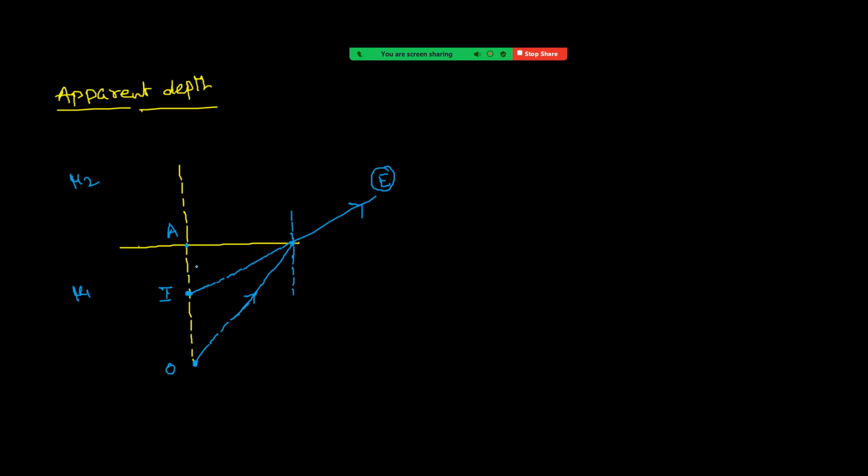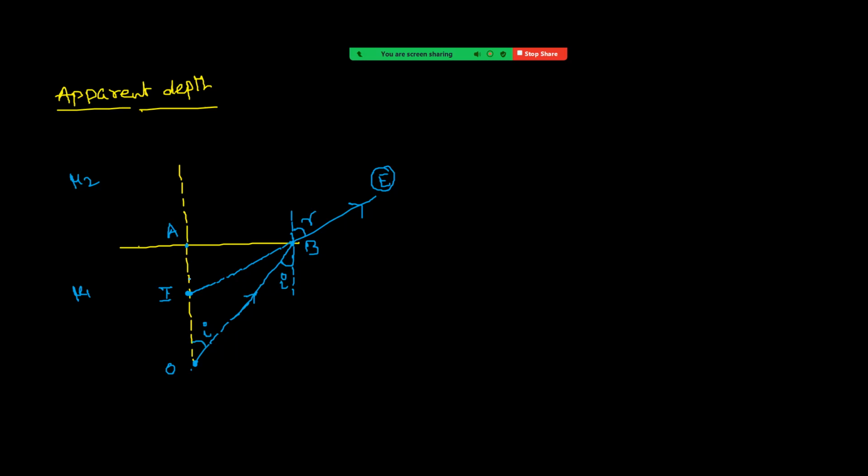Let us now relate this actual depth AO and apparent depth AI. Let us take this point as B. We can see this is the angle of incidence, and this is the angle of refraction. This is I, and this is also I, alternate angles.